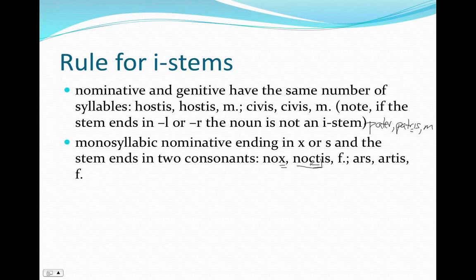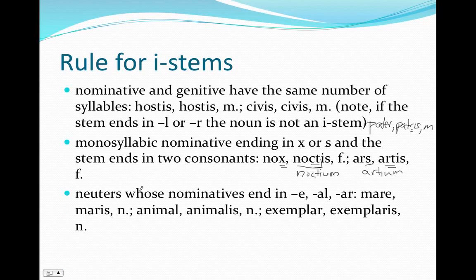So the stem is noct. So the genitive plural here would be noctium. Or ars, artis, art: ars, monosyllabic, ending in S, artis, two consonants, therefore the genitive plural would be artium.